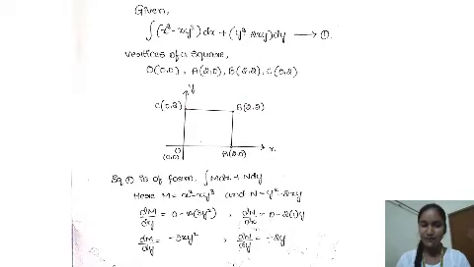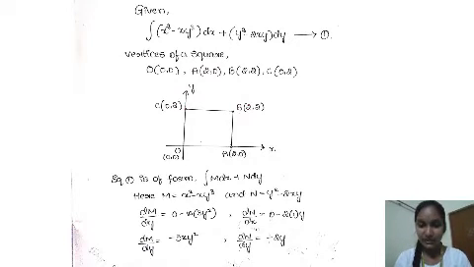So we will treat M equal to x² − xy³ and N equal to y² − 2xy. If we differentiate M with respect to y and N with respect to x: ∂M/∂y, x² becomes 0 and xy³ becomes x into 3y², that is −3xy². Now for ∂N/∂x, y² becomes 0.